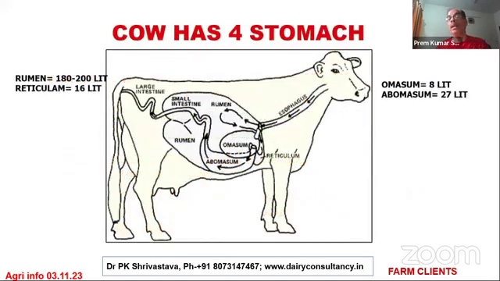Homemade and branded feeds are available in the market, and we will discuss them. Just a few minutes on the stomach of the cow. Why has the cow been given four stomachs by God? Just because the cow can consume roughages and grasses, which are trash for us, and convert them into milk, which is gold for us.